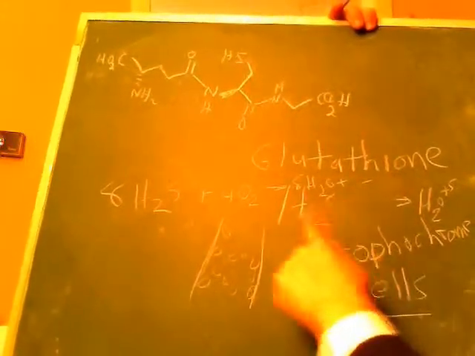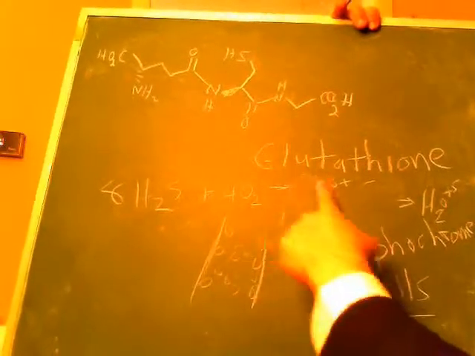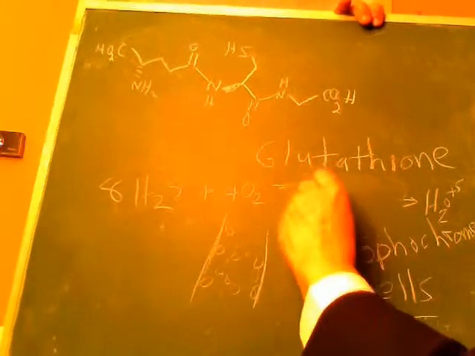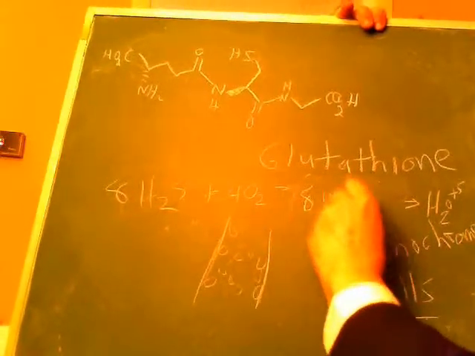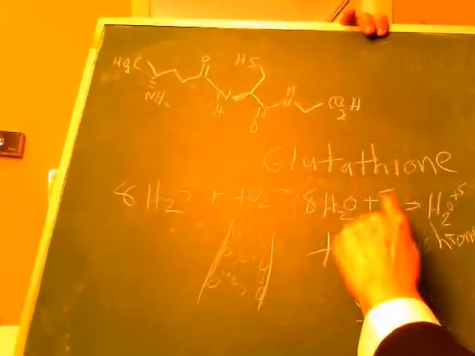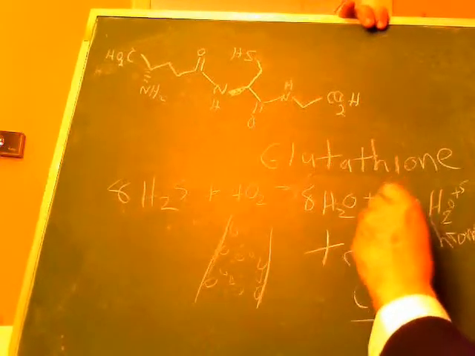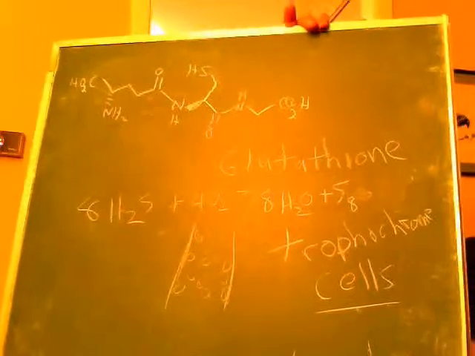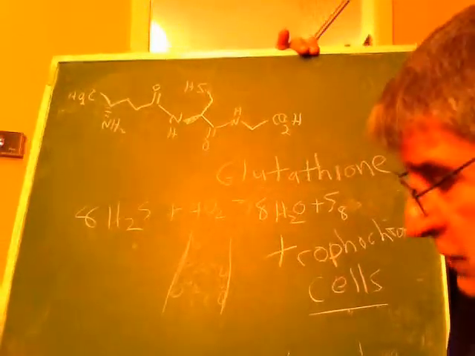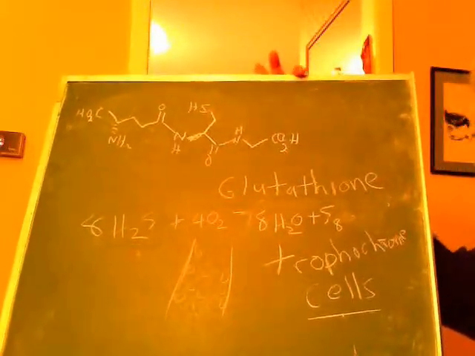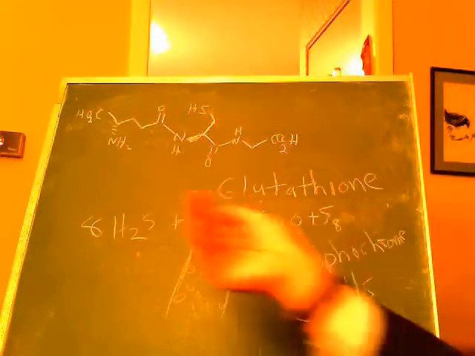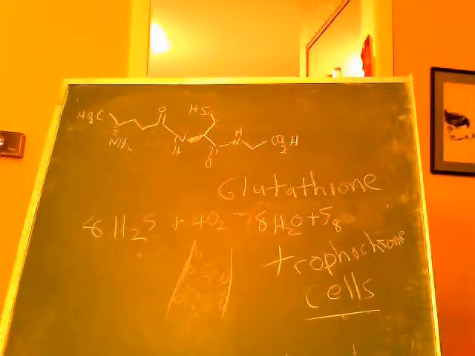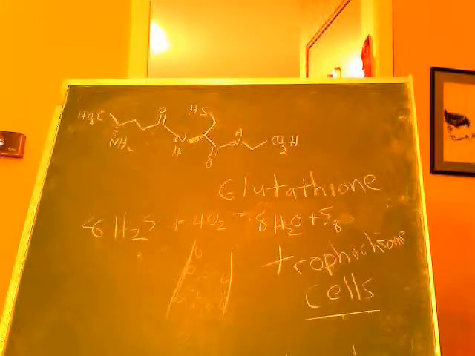Let me write it a little bit larger. 8 H2O plus S8. So that would be a balanced equation that represents that. There are other forms of sulfur that can be utilized, but this is principally what's coming out of the fumarole, and that's what these organisms are doing.